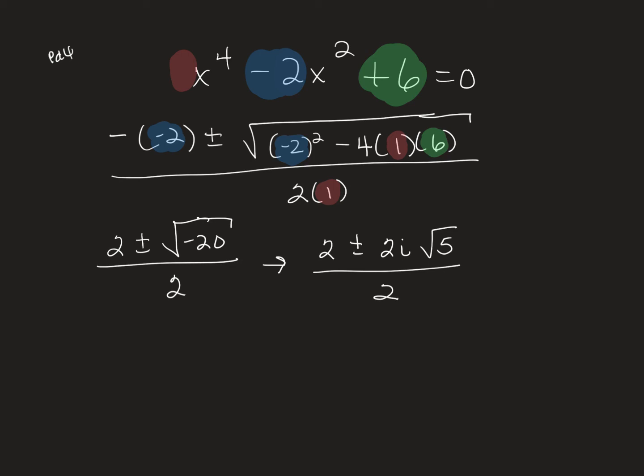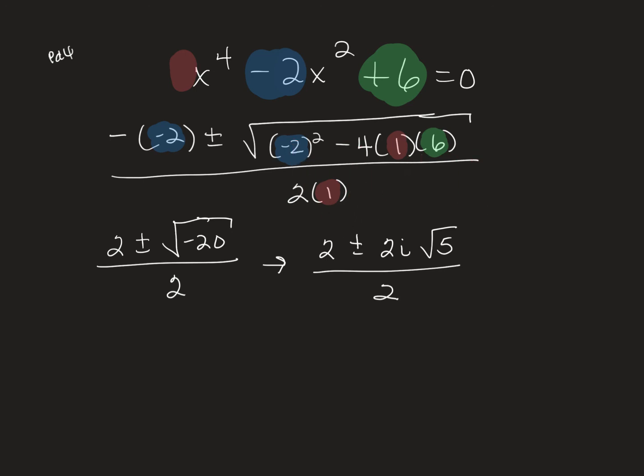How'd I get 20? Okay. Negative 2 quantity squared, that gives me 4. 4 times 1 is 4, times 6 is 24. So I now have 4 minus 24.